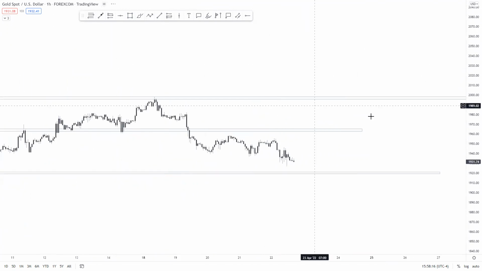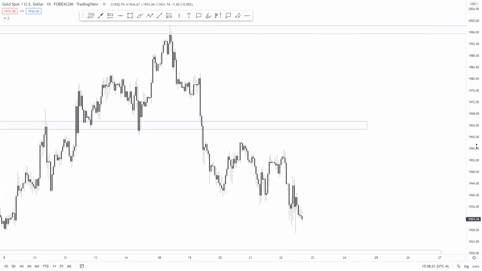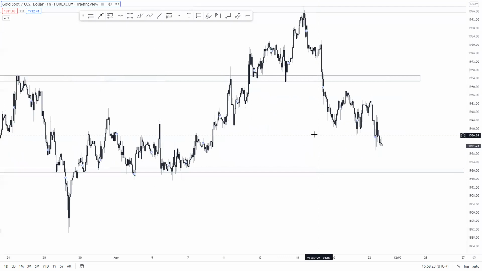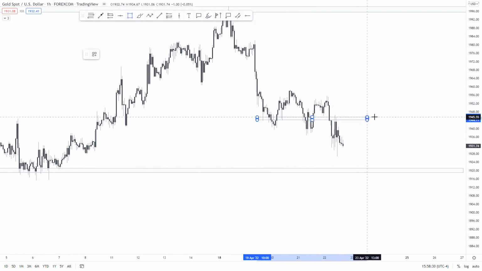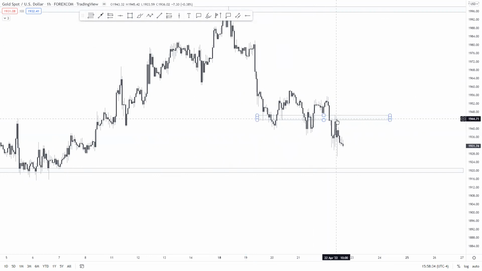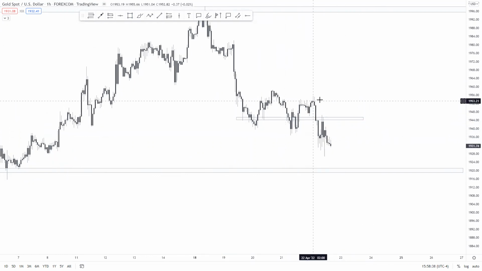Now, hourly structure, you can see it's just been respecting. We made this low, a new low, it pulled back and dropped. We made this new low. And if we're going to keep respecting the hourly structure into this level, look for sells right in here. Had a low, a high, a low, a high, and you do have some inefficiency with the buy to sell that swept out liquidity.